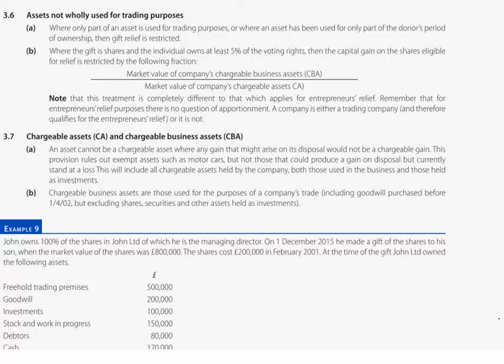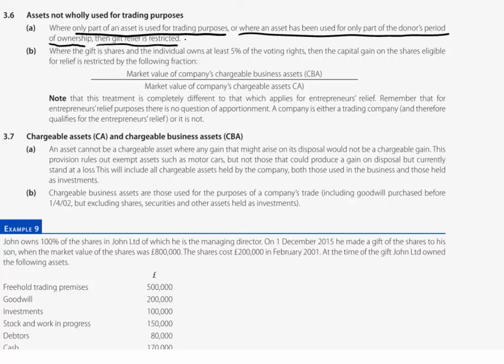Well, what we know, of course, is that the reliefs will only pertain to the business use element. And so it is when we look at gift relief, where only part of an asset is used for trading purposes, or where an asset has been used for only part of the donor's period of ownership, then gift relief would be restricted. We're going to have to apportion that.